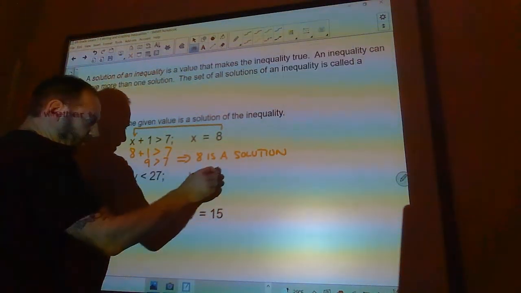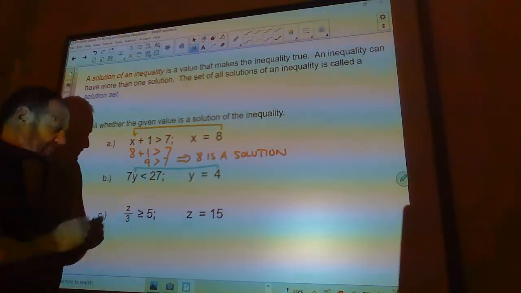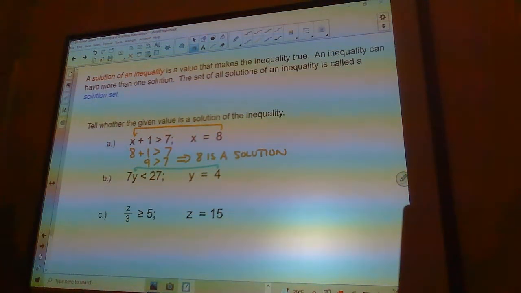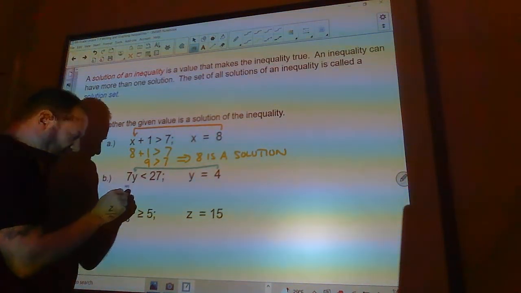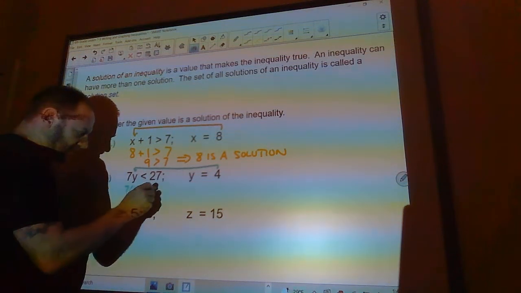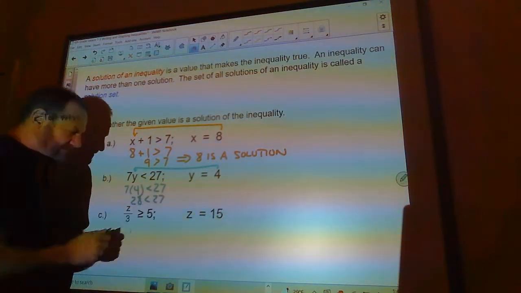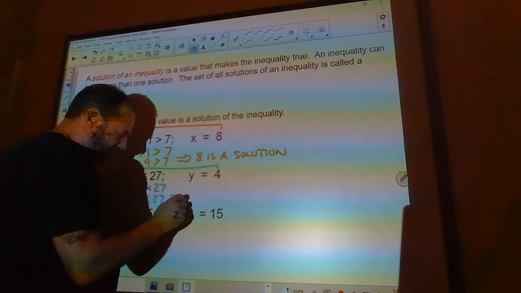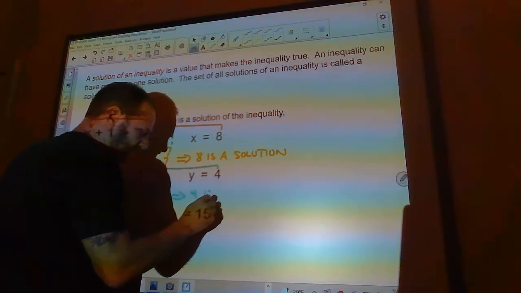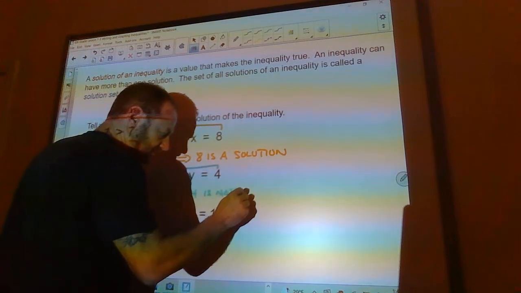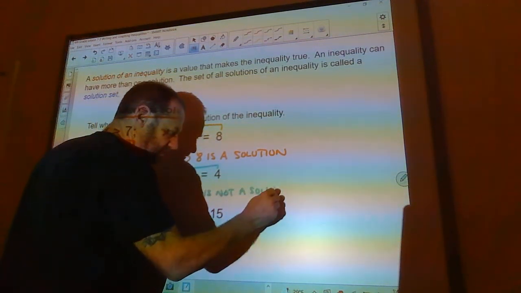Is 4 a solution to 7y is less than 27? So I plug that in, I get 7 times 4 is less than 27. So that would be 28 is less than 27. That is not true. So that implies 4 is not a solution.